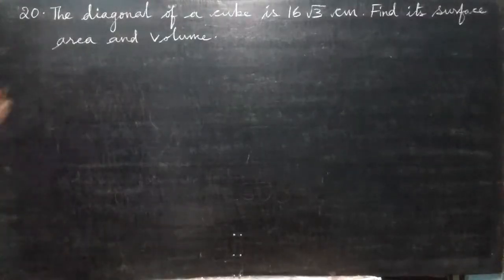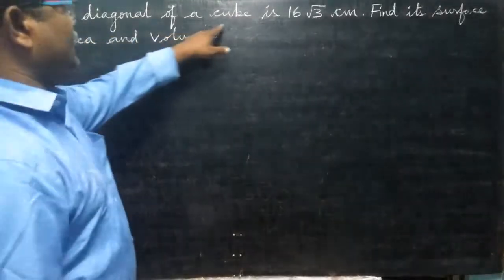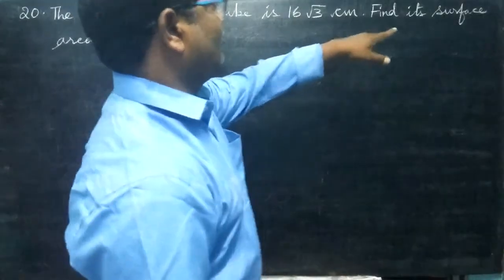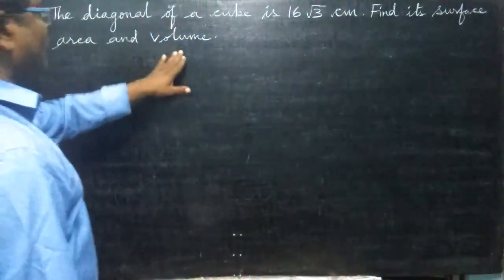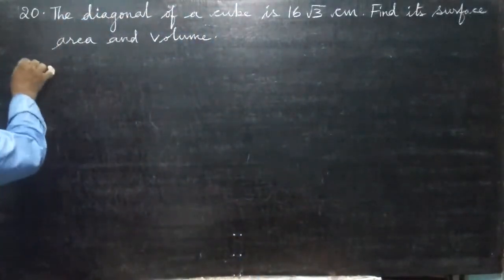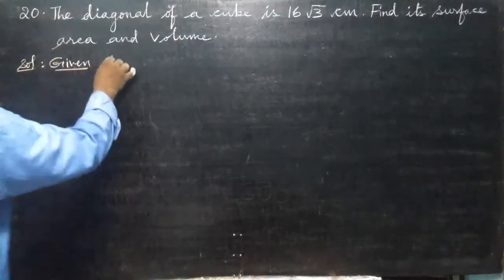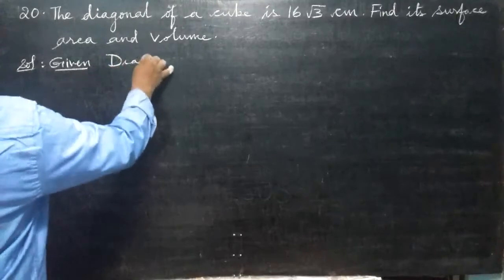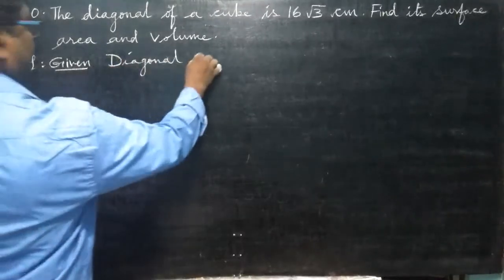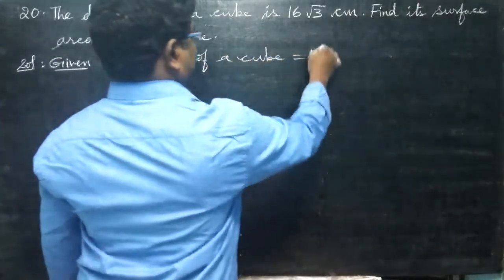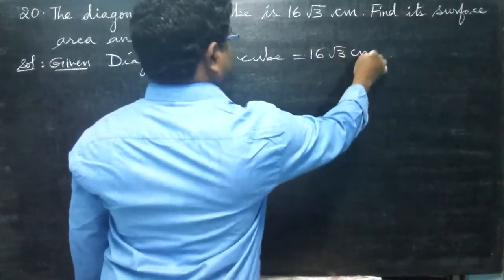20th problem. The diagonal of a cube is 16 root 3 centimeters. Find its surface area and volume. So solution, given: what they have given means the diagonal of a cube. How much they have given? 16 root 3 centimeters.